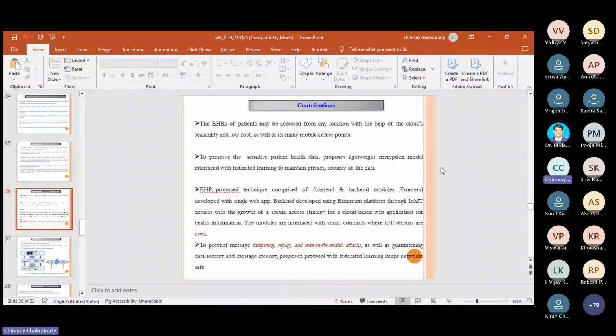The modules are interfaced with the smart contract where IoT sensors are involved. So mainly, the aim is to prevent message tampering, replay, and man in the middle attacks, as well as to guarantee data secrecy and message recency. The proposed protocol with the federated learning keeps the network very safe.